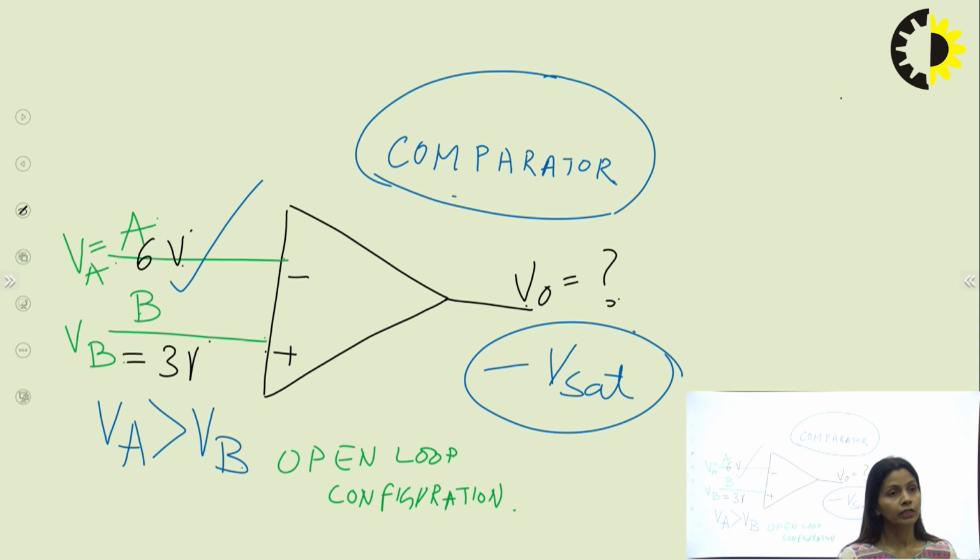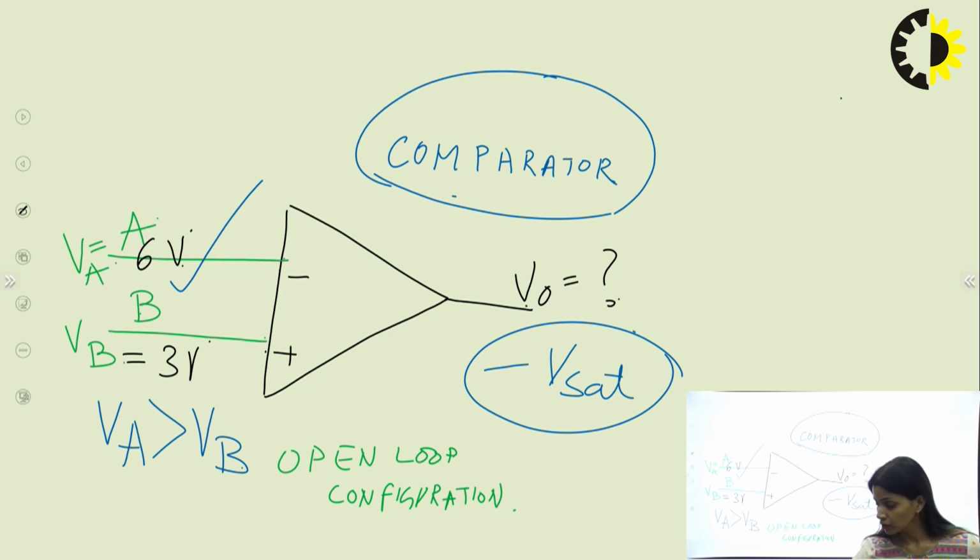Always check the resistance: feedback is always given at the inverting terminal of the OPAMP, and accordingly you can apply the concept.